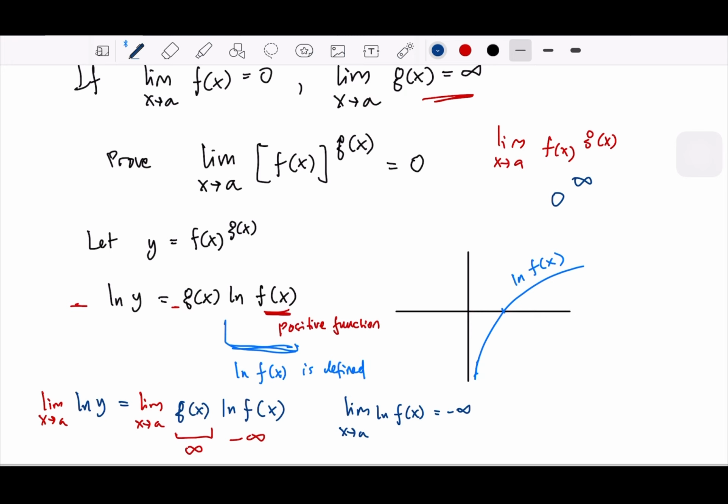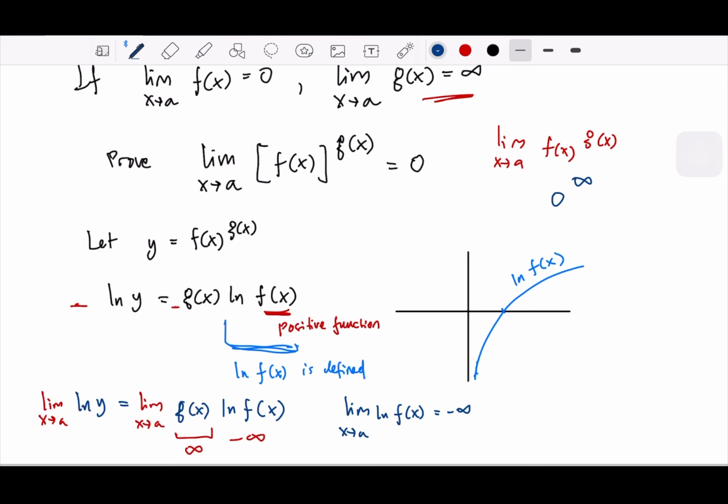Since it's infinite but has a negative, we have a negatively large infinity, right?